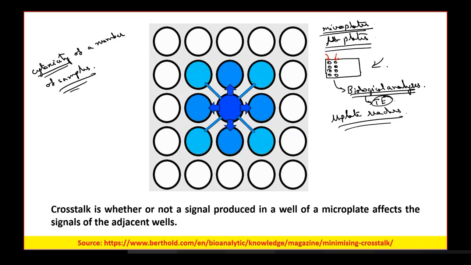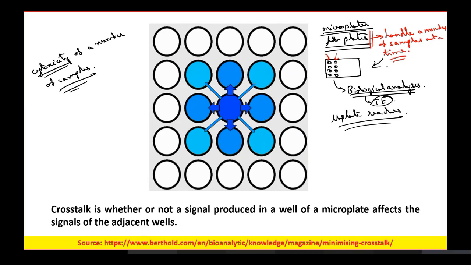So these microplates allow you to handle a number of samples at a time. Okay.